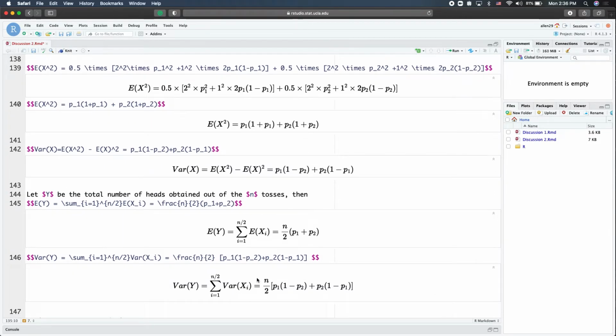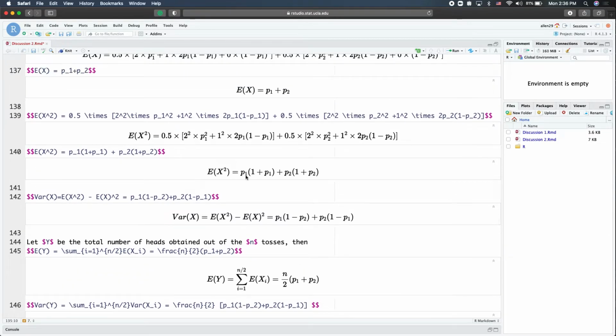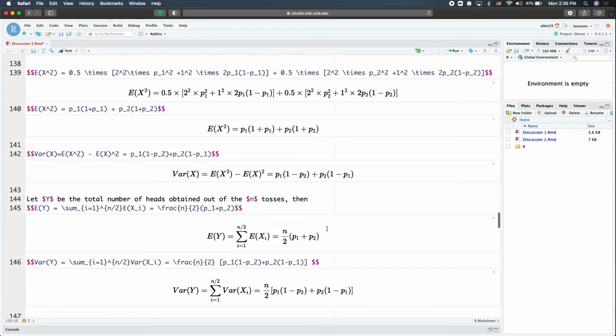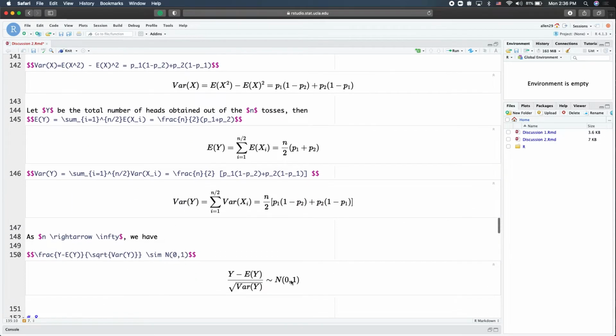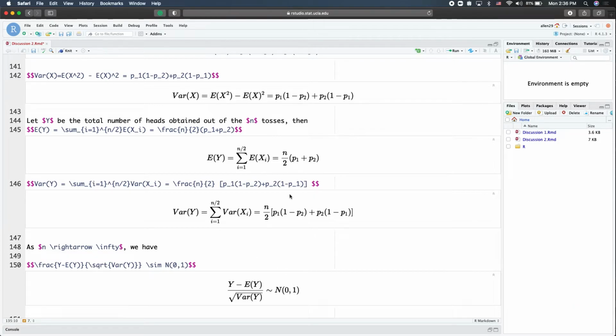The variance is also n over 2 multiplied by the variance of X. When n is large, Y will follow a normal distribution, and if you use Y minus the expectation of Y over the standard deviation of Y, it reduces to a standard normal. Similar to the previous question, except that the expectation and the variance are slightly different.